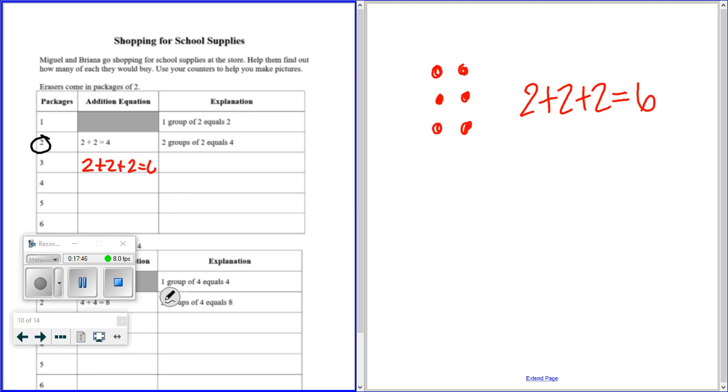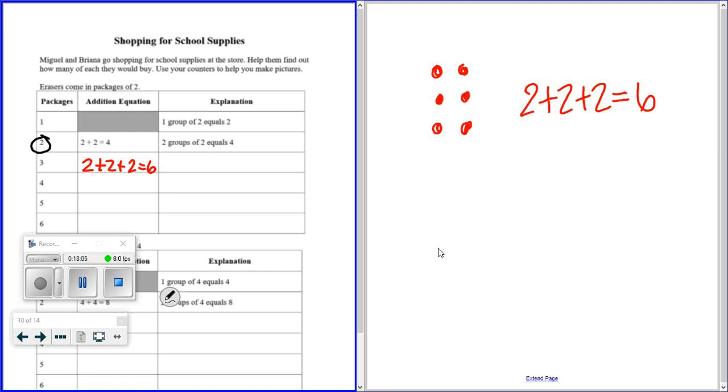Are we clear on what you are doing? Yes, ma'am. Okay, so the first chart is erasers, and they come in packs of 2. The next thing that they're going to buy is journals, and they come in packs of 4. So that's going to look a little different.